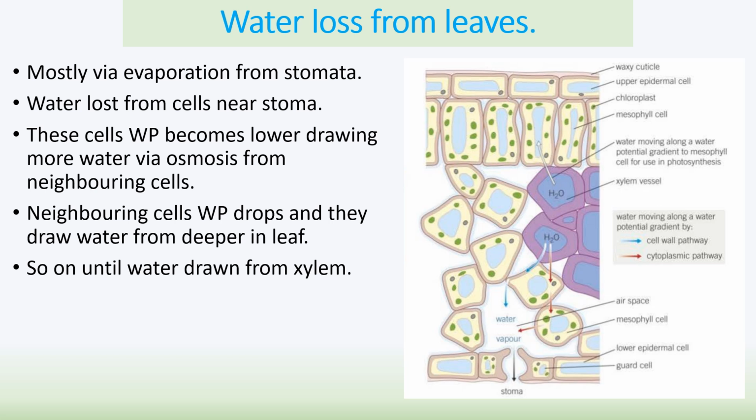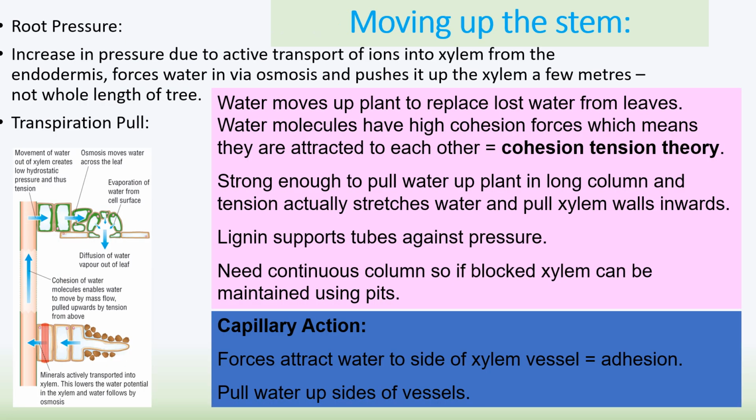As said before, you mainly have evaporation via the stomata. Water from these cells here evaporates to form vapor, and then you get a concentration gradient from the xylem across the leaves. So how does the water move up the stem? As I said, it's due to root pressure, which I talked about earlier, but also something called transpiration pull. The low pressure and low water potential here means more water is drawn across.